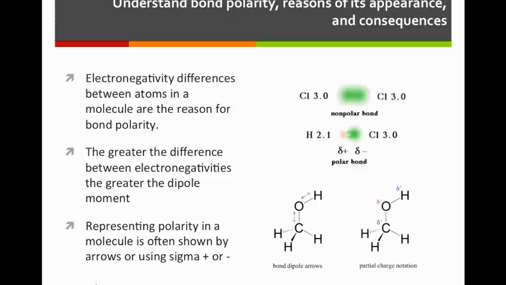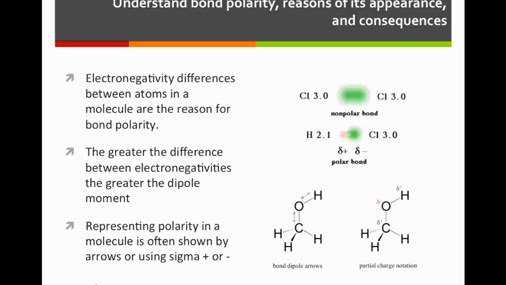Bond polarity depends upon electronegativity. If you look at the examples to the right, the two chlorine atoms both have the same electronegativity, so they have a nonpolar covalent bond. H-Cl has a polar covalent bond because the difference is not so great between the two electronegativities that would make it into an ionic bond.